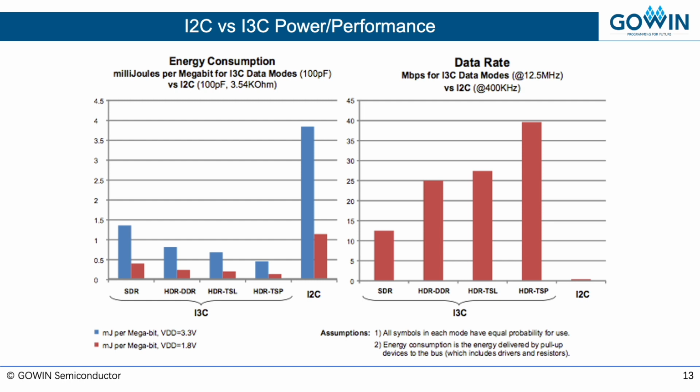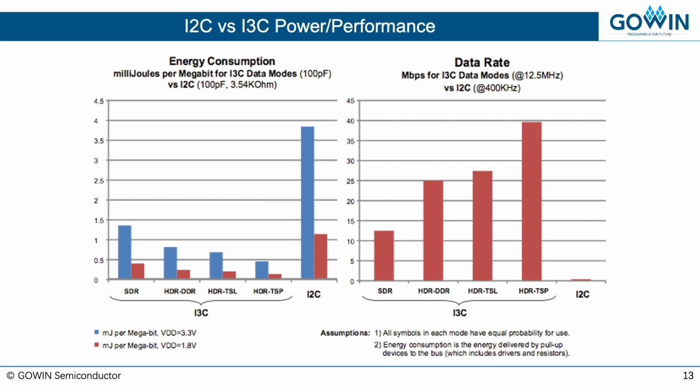Here is a visual comparison of power consumption and data rate numbers for I2C and I3C devices. On the left is the energy/power consumption chart. Here you can see that the I3C devices consume way less power than their I2C counterparts.